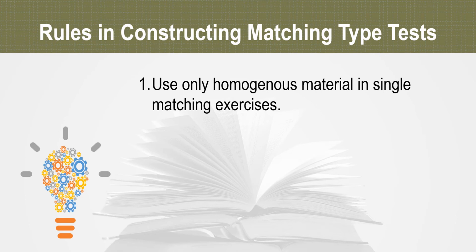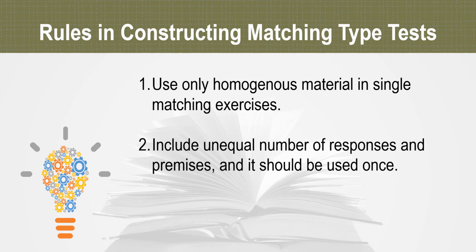What does it mean? As what I have said, if we are testing students' knowledge about, for example, insects, we could not mix insects with plants, with other animals, and so on. So use only homogeneous material. Homo means one single material for a matching exercise. Number two, include an unequal number of responses and premises, and responses should not be used more than once.